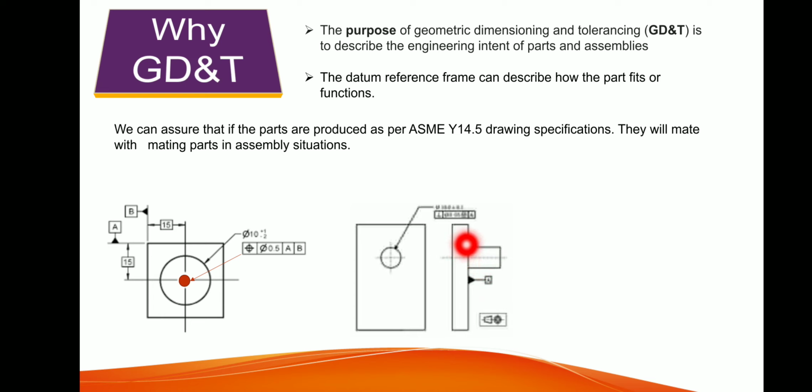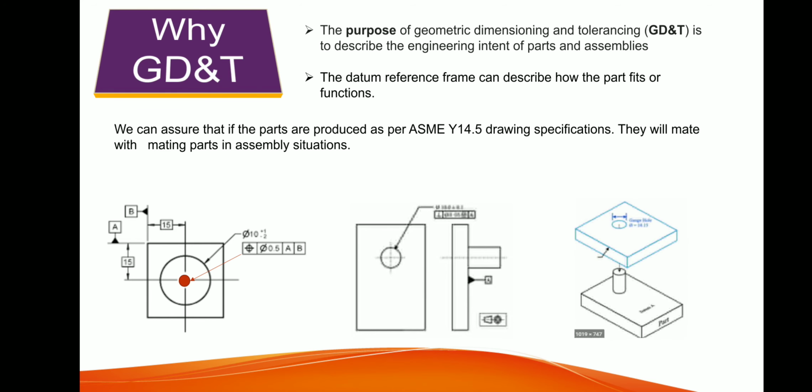So we can say that if I make these parts using GD&T as per the ASME Y14.5 drawing specification, then they will mate with mating parts in an assembly situation.